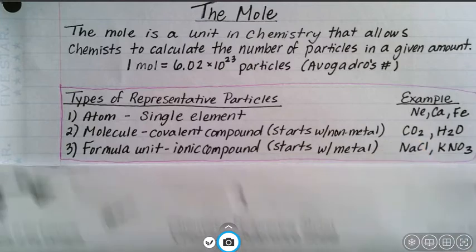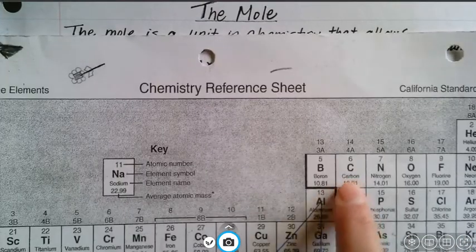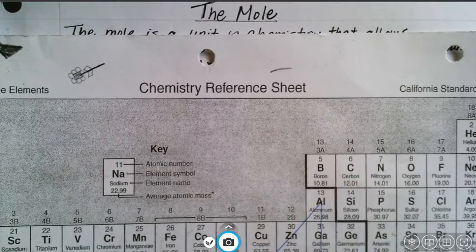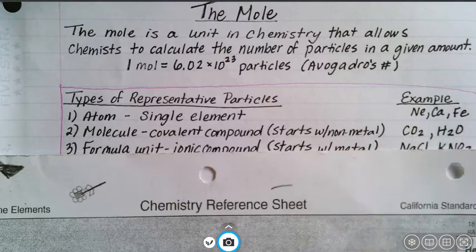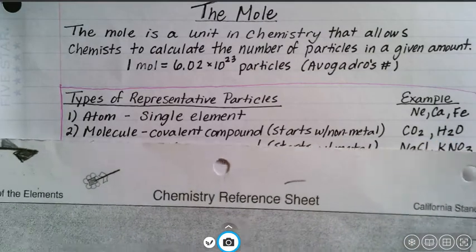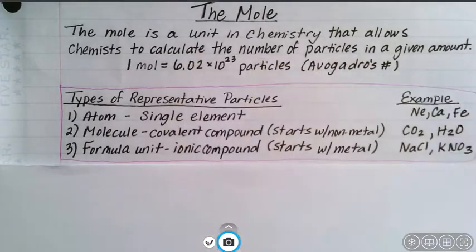Starts with C. C is a nonmetal. So therefore, this is a molecule. H2O starts with hydrogen. Hydrogen is that sneaky little one atom that's on the left-hand side of my periodic table. That is a nonmetal. Okay. What I have drawn on there.